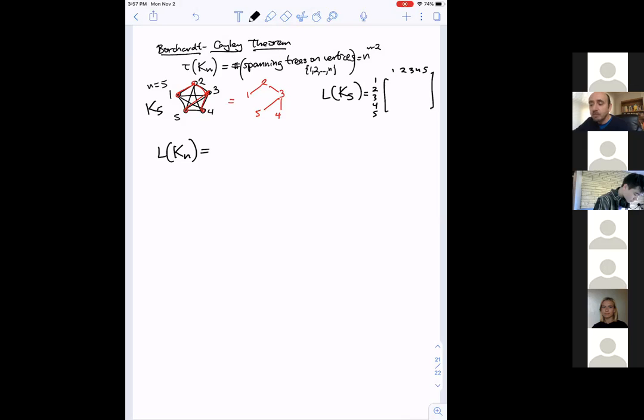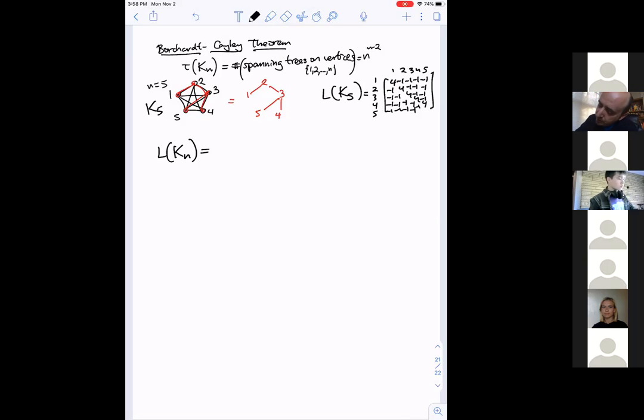Every vertex has degree 4, n minus 1 in general. So 4, 4, 4, 4, 4. And between any pair of vertices i and j, if i and j are not equal, there's one edge between them, so we get minus ones. There's a lot of minus ones to say here. I'm probably drawing this badly, but minus ones on the off diagonal.